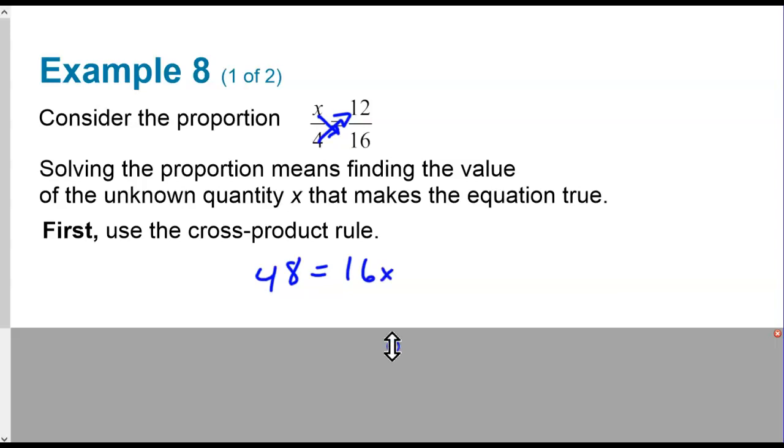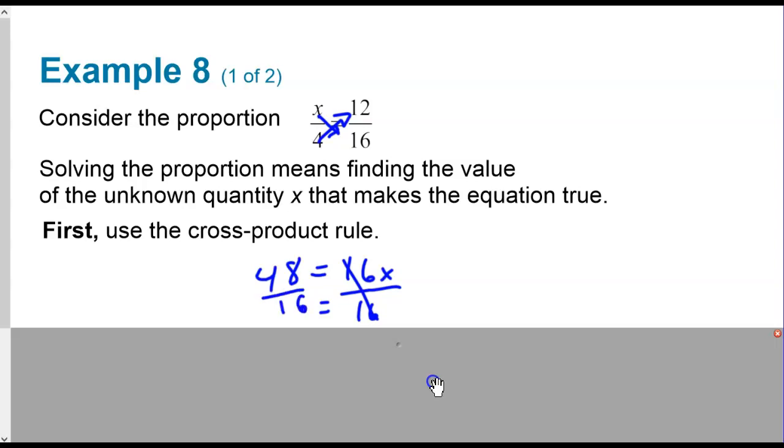So the rules of coefficients and variables apply, and we just have the 16 as our coefficient in front of our variable x. Now we need to figure out what x is, so we're going to isolate the variable, and doing that is really easy because 16 divided by 16, we'll cross that out and make that 1x. Bring down the equal sign, and what we do to one side, we have to do to the other.